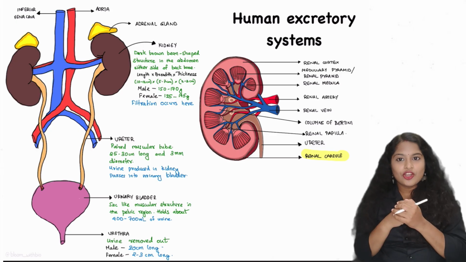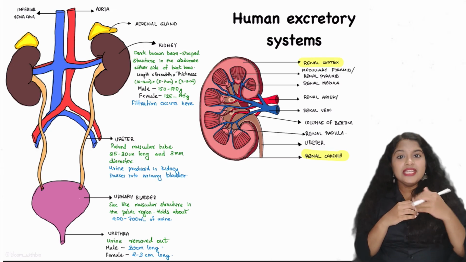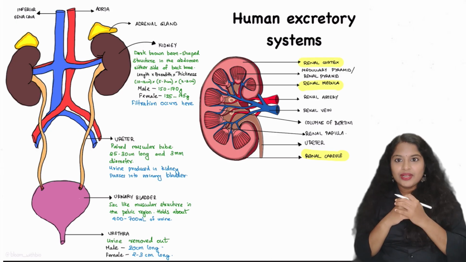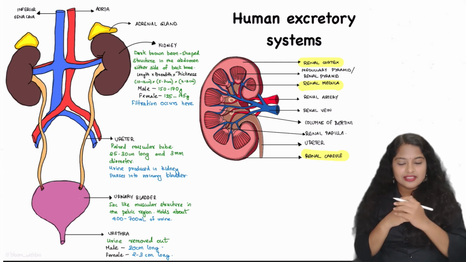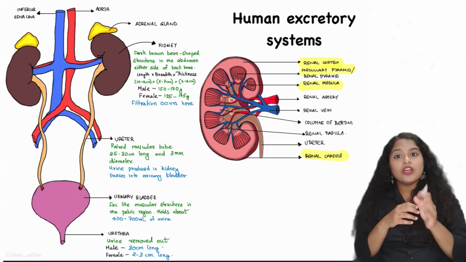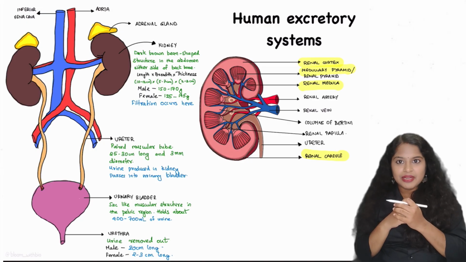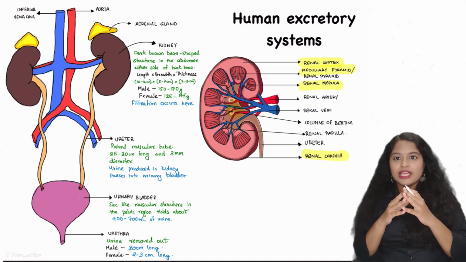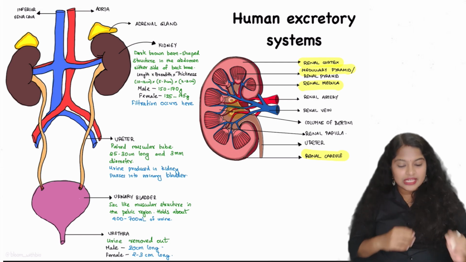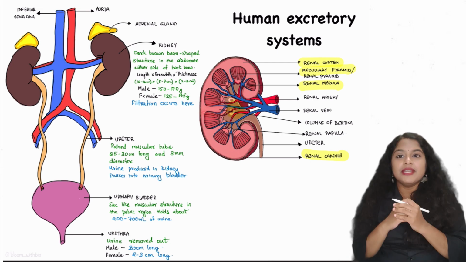The outer region is called the renal cortex, and the inner region is called the renal medulla. In the renal medulla, there are pyramid-like or triangular structures called medullary pyramids, also called renal pyramids. These pyramids point into the renal calyx. The regions which extend into the renal medulla in between the medullary pyramids are called the columns of Bertini.